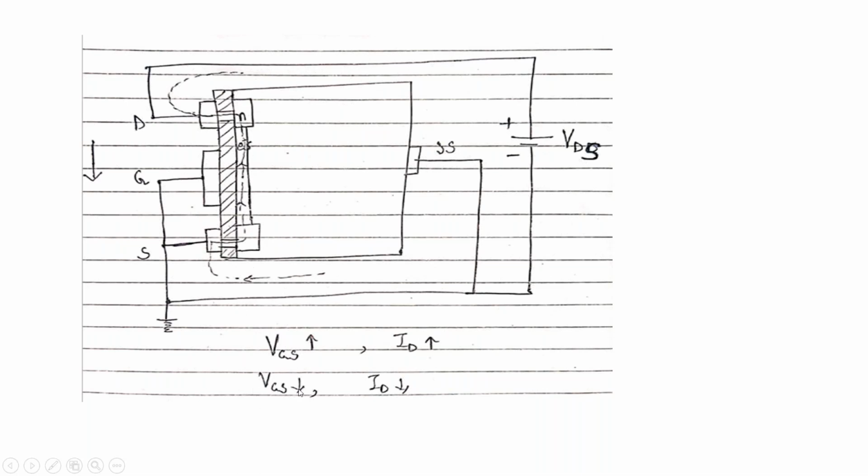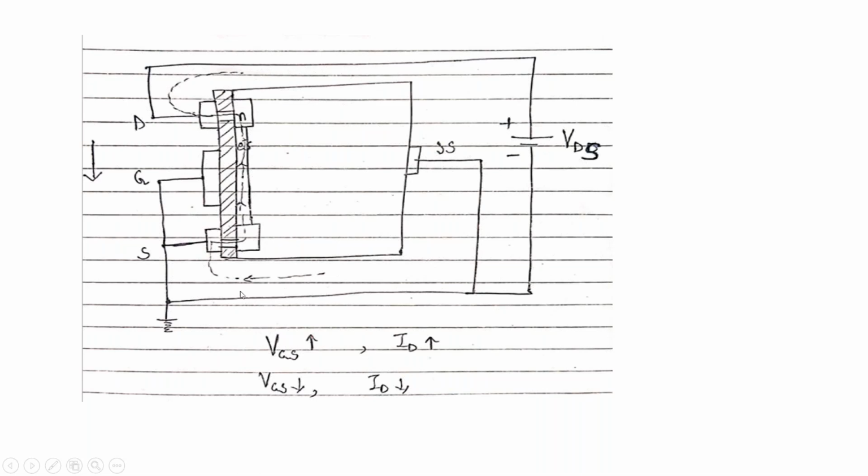When we decrease VGS, meaning when we apply negative gate to source voltage, what will happen? The negative voltage here will repel electrons, and the electrons will recombine with the holes in the p-type substrate, the p-type body, and the available free electrons for conduction will decrease.